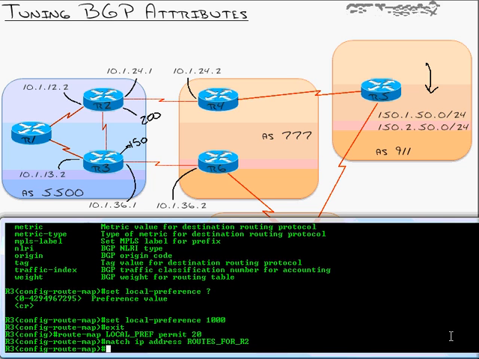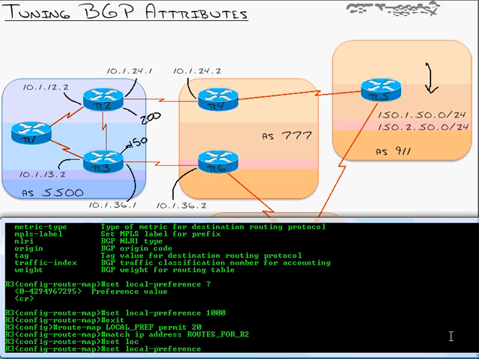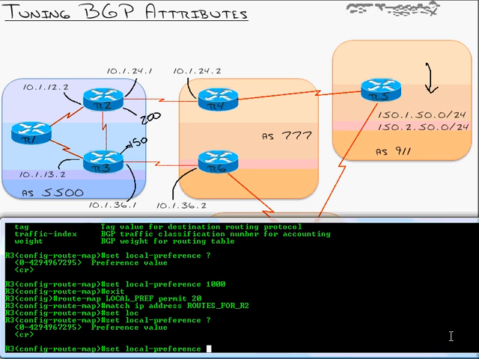And I'm going to match the IP address that is defined as the routes that should be the primary for R2. So I'm matching those guys, and I will set the local preference to, now here's the quandary. I need to set this so router 3 will not be the primary on these routes. So I'm going to set it to 10.